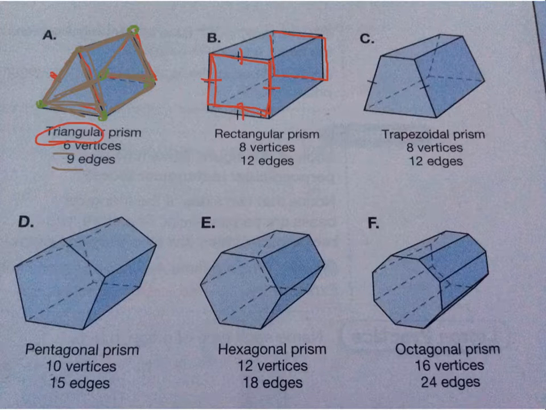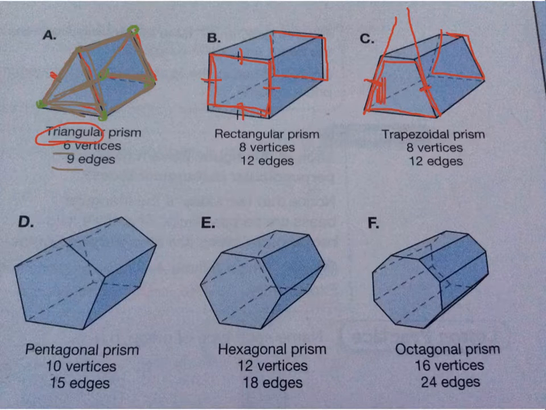Here again, another shape is our trapezoidal prism. Trapezoid. These two are equal in length. But notice they are not parallel because they would, if it continued, run into each other. They are, however, parallel to each other.